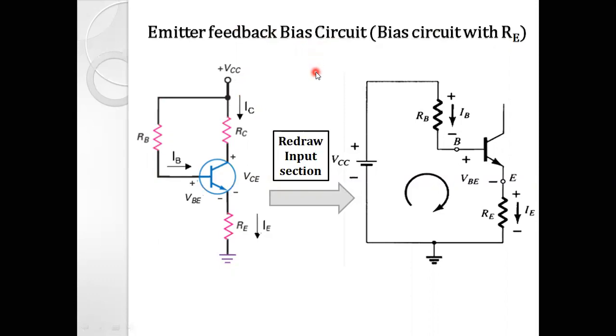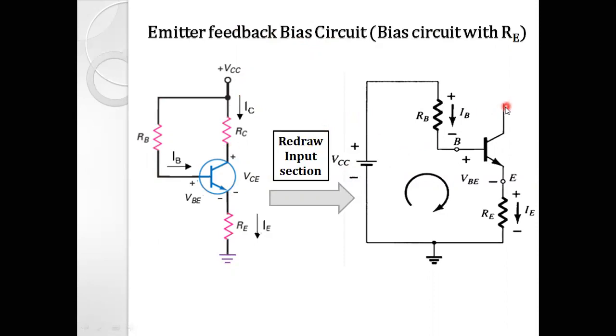Let us follow the usual procedure to find the expressions for the coordinates of operating point Q, which are ICQ and VCEQ. For that, we redraw the input section and the output section and apply KVL in each case. When we redraw the input section, we keep the collector terminal open.